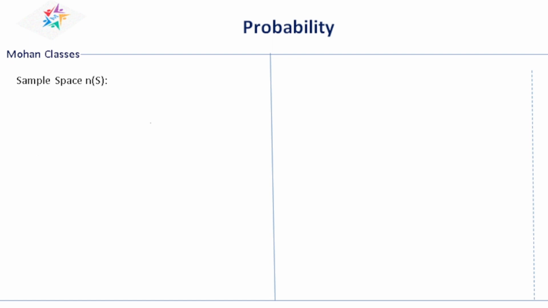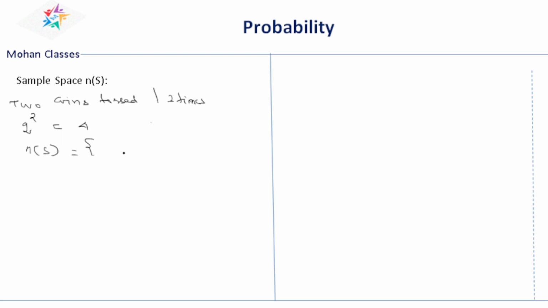Two coins were tossed, or a coin was tossed two times. A coin means there will be head and tail, right? Two times, or two coins, so 2 squared is equal to 4. So 4 will be the number of samples, right?